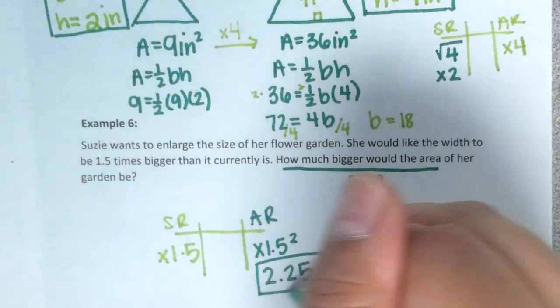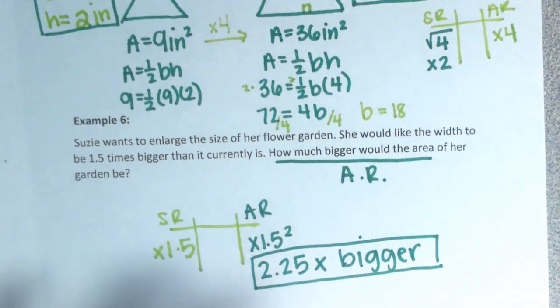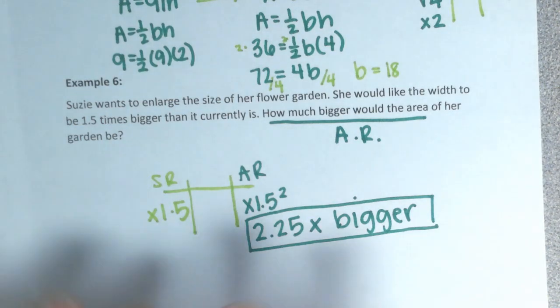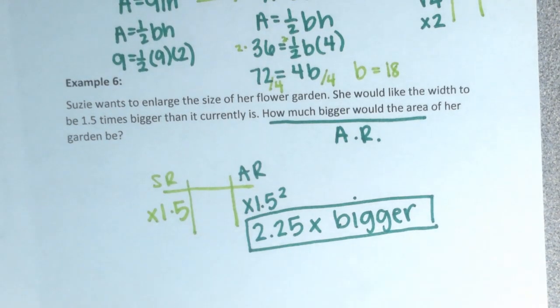If it's not asking for an actual area, if it's asking how many times bigger something is, it's just asking for the ratio.